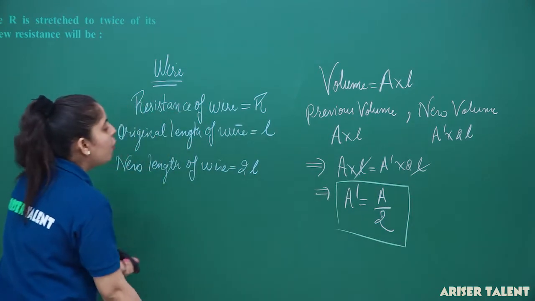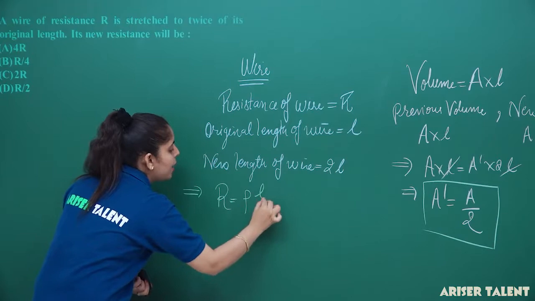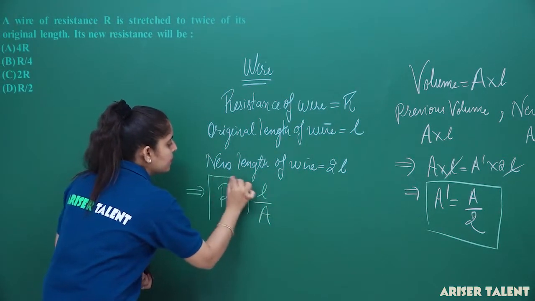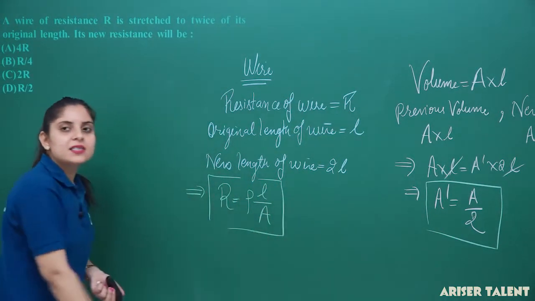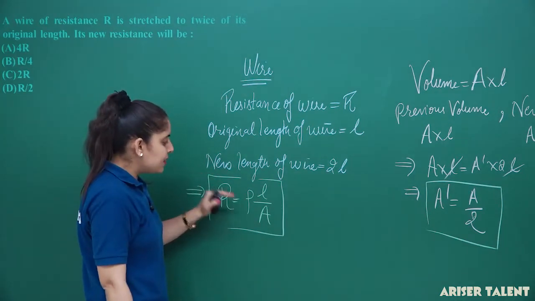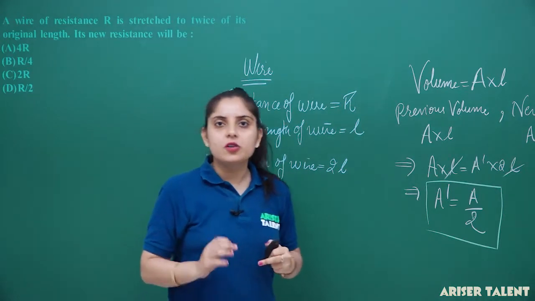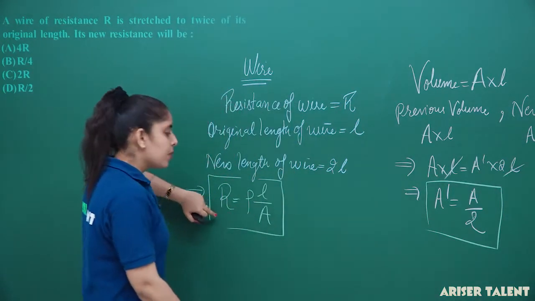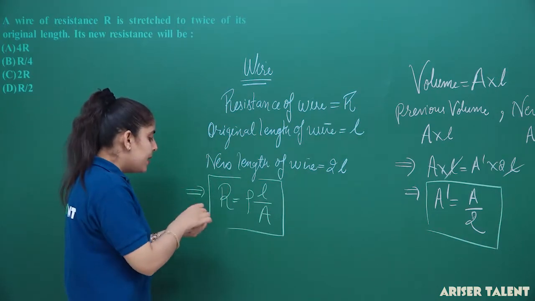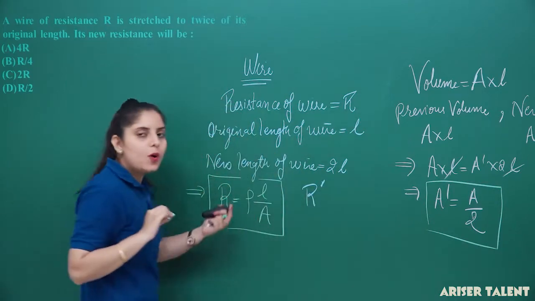Now, you know the formula for resistance: R equals rho L by A. These are the factors on which the resistance depends. R is our resistance, rho is resistivity, L is the length of the wire, and A is the area of cross section. So this is our previous resistance. Now I calculate the new resistance, R dash.